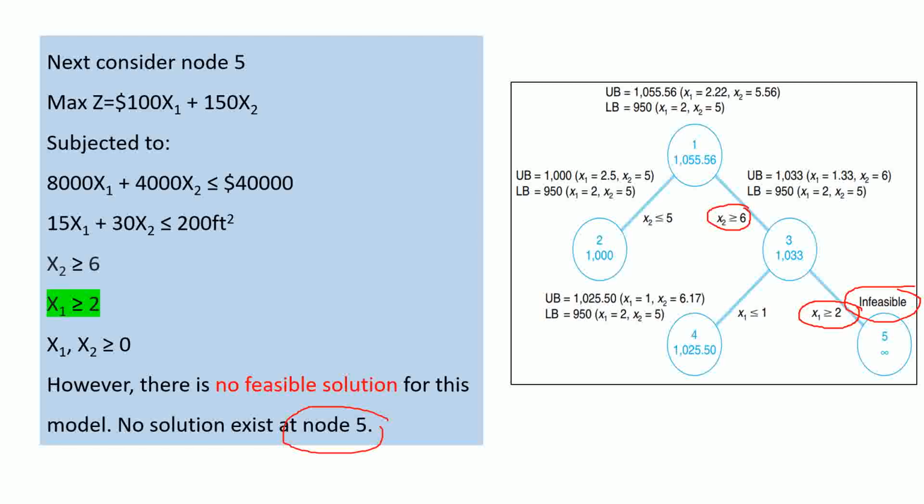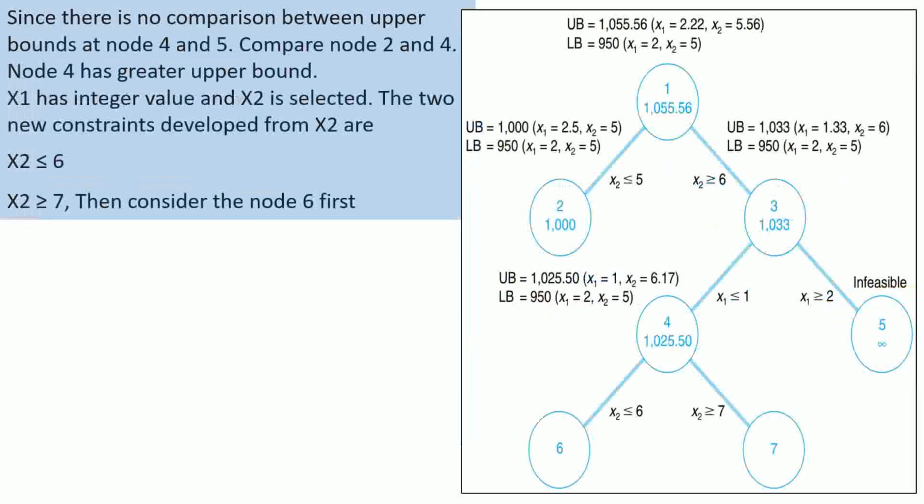Now let's return to node 4. Since there is no comparison needed between the upper bounds at node 4 and node 5, because node 5 gives an infeasible solution, compare node 2 and node 4.